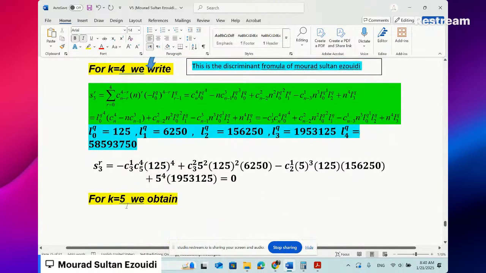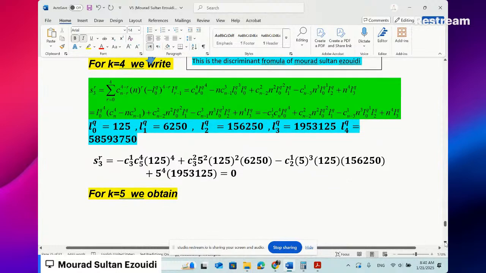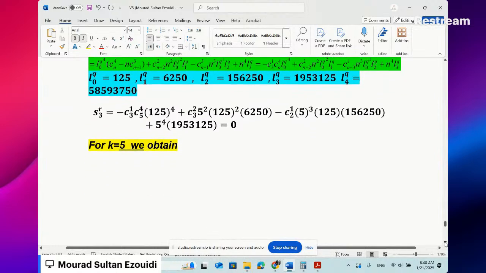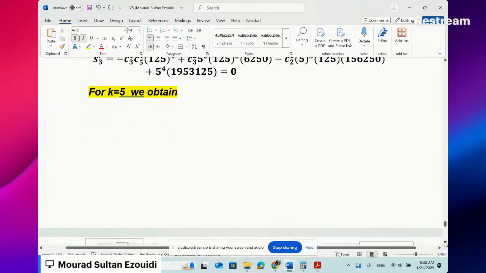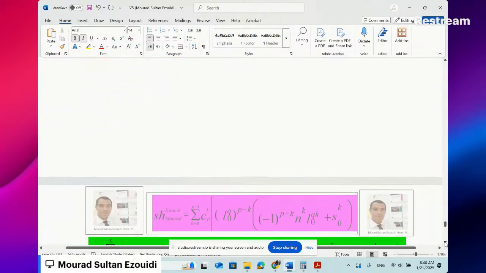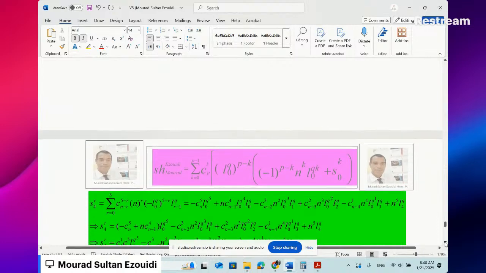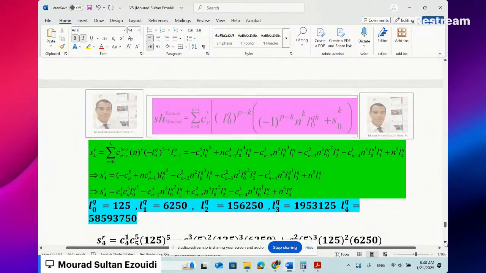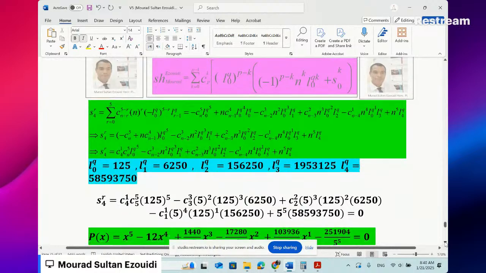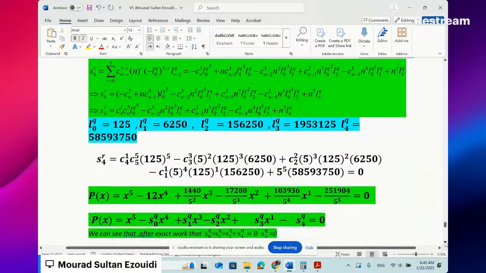For K equal 5, you are going to find the value of S4. Just set K equal 5 in this formula, and then you are going to obtain that the value of S4 is equal to 0. So you can use your calculator or whatsoever and do your best.